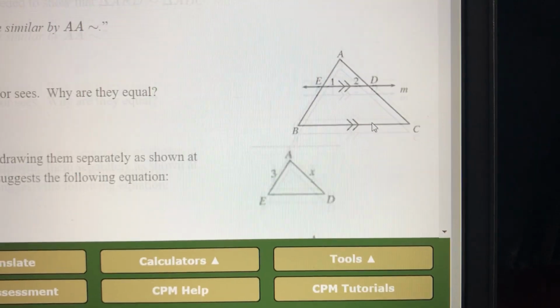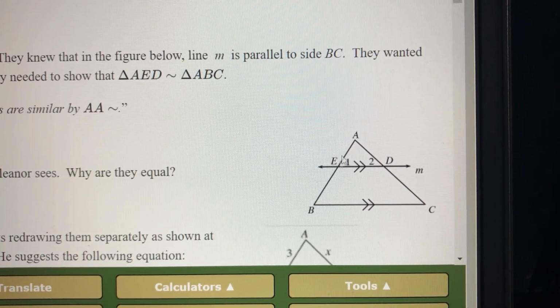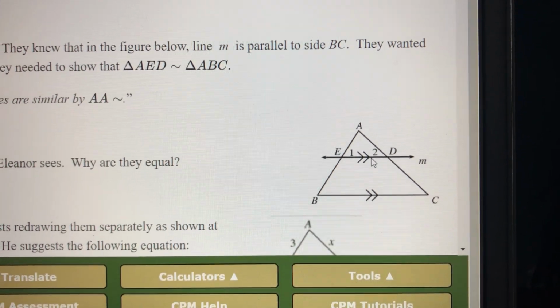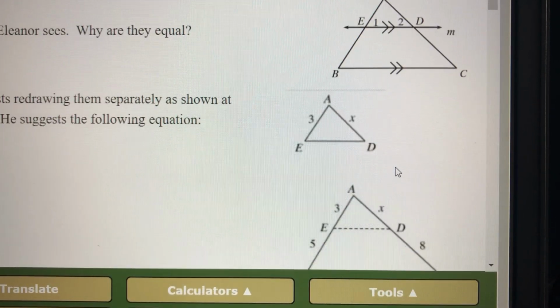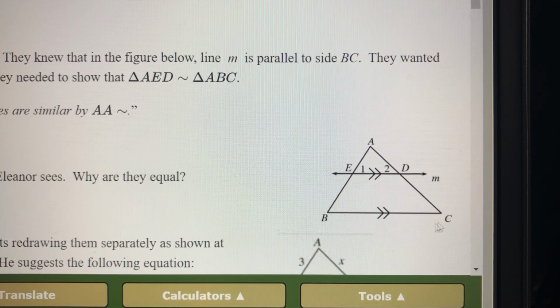So this big triangle is what they're comparing to this little triangle. I think they drew it down here, but I think we're not at that part yet. So here's this little one, and here's the big triangle.